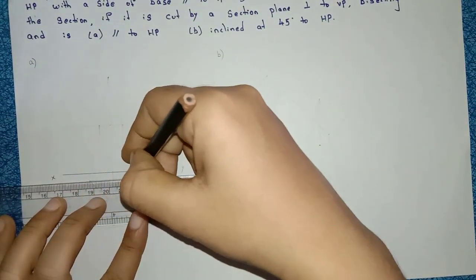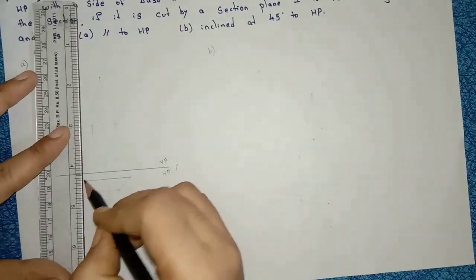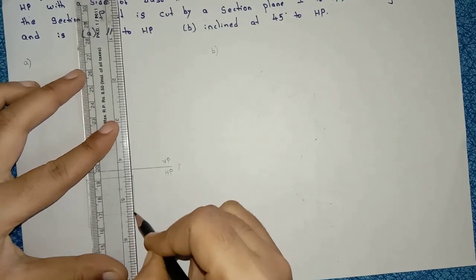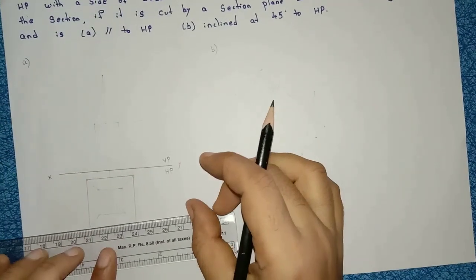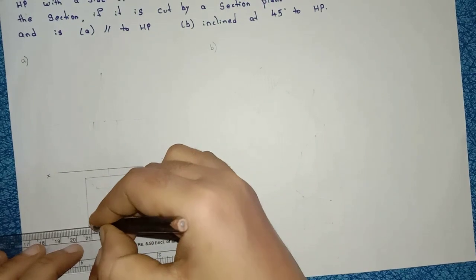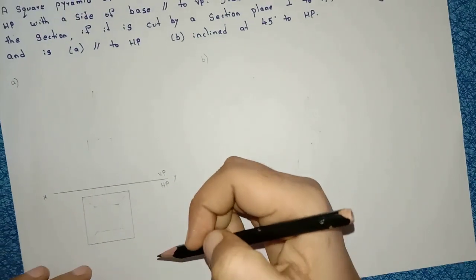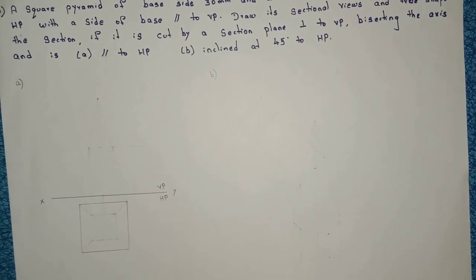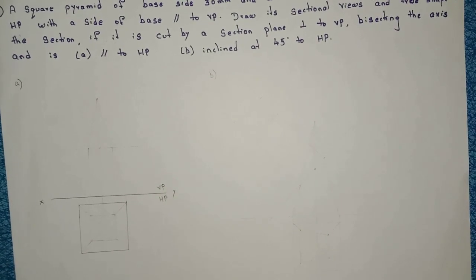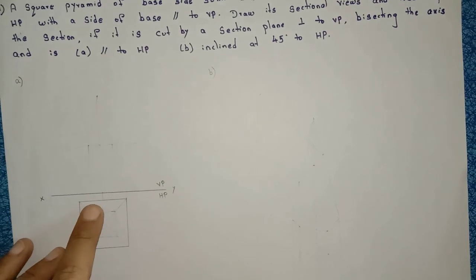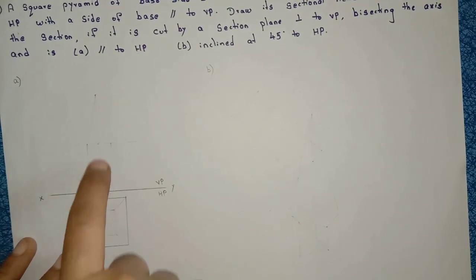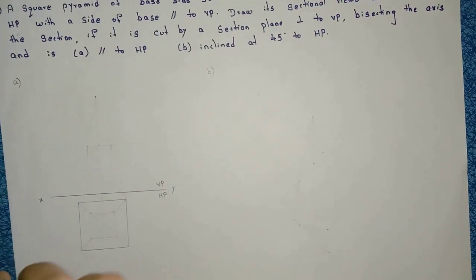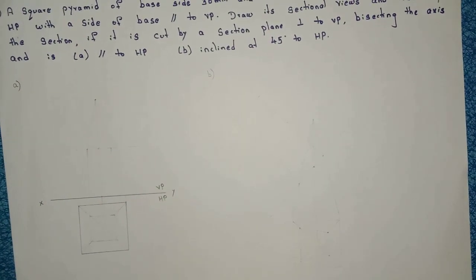The length of the square here is 30 mm. Right? So here you have to construct the square on HP. The condition is that the base should be parallel to VP, so I am considering this side parallel to VP. So we have to construct the square like this.